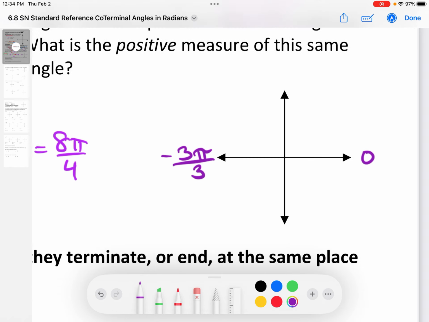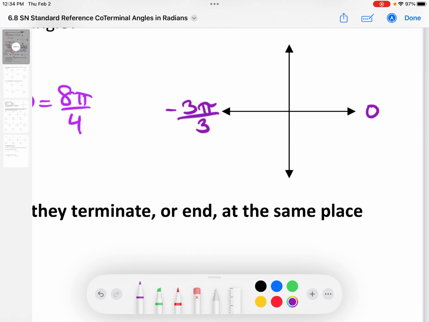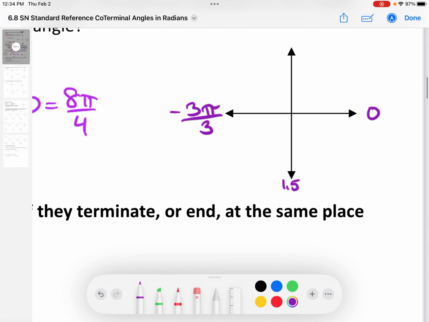Now, 3 pi over 3, halfway between 0 and 3 pi over 3, is going to be 1.5 pi over 3. And it's going to be negative because we're going clockwise. You're looking at that 1.5 over 3, and you're thinking you can't mix a decimal and a fraction. And you really shouldn't in a final answer. However, for purposes of finding angles on the unit circle, we can mix the decimals and the fractions. It will be fine.